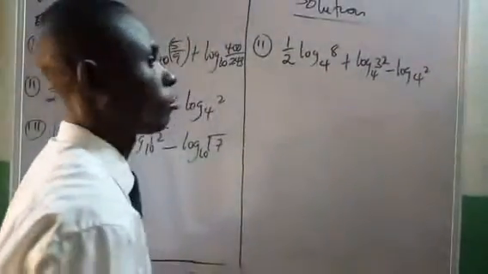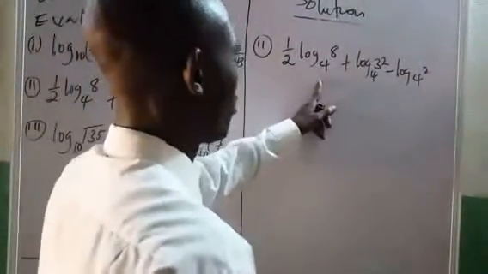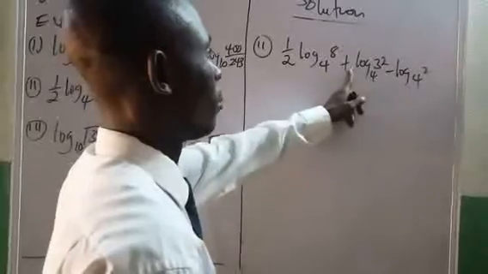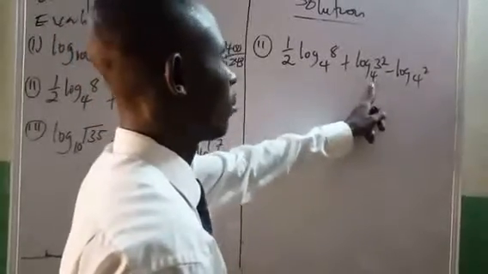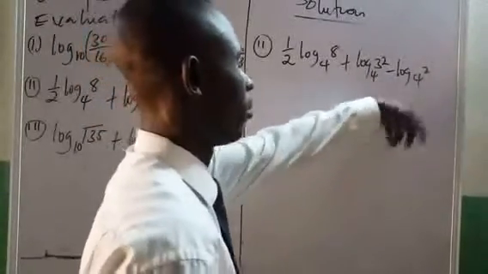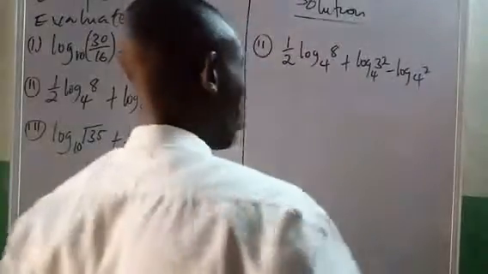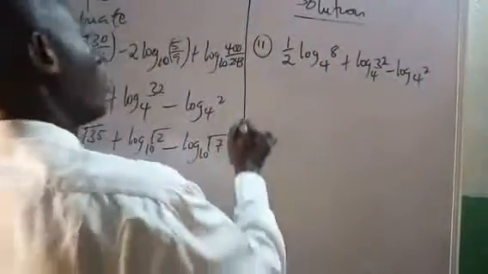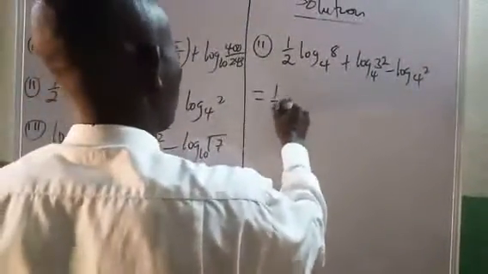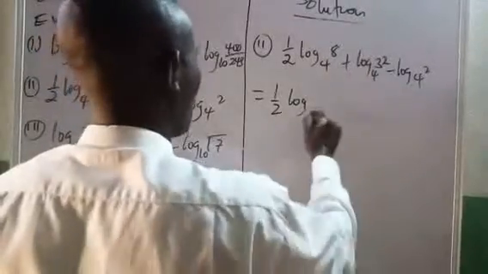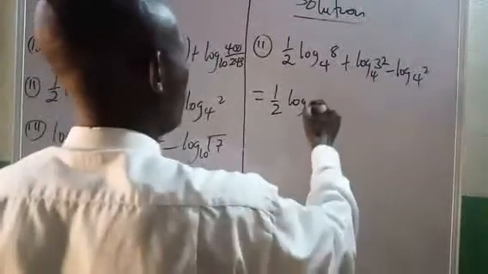Number 2, you have 5 log 8 to base 4 plus 32 log 32 to base 4 minus log 2 to base 4. This is the same thing as half log, 4 is 2 raised to the power of 2.